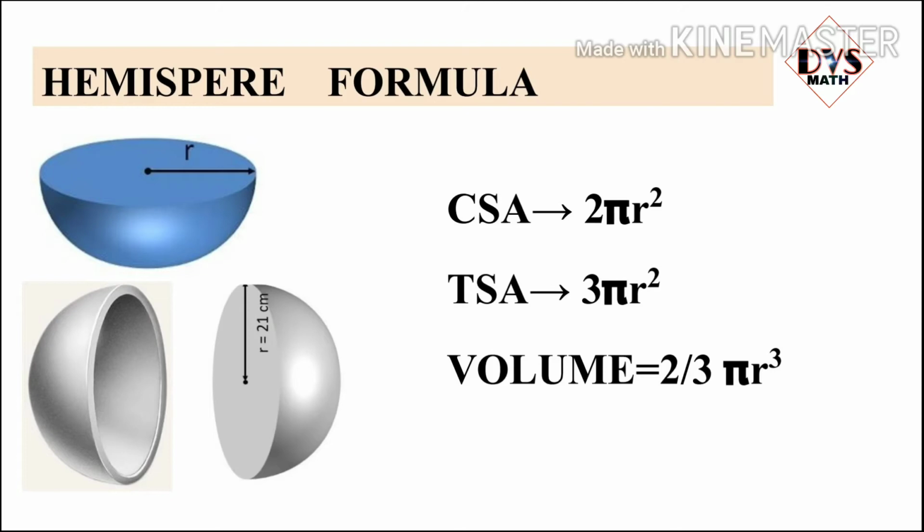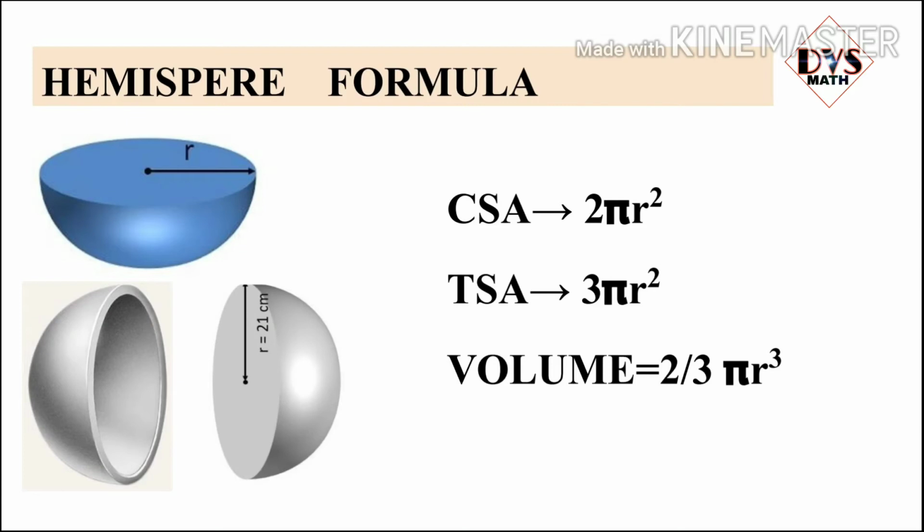But if it is solid, that means the top layer is covered with another circle. Then we consider the CSA of hemisphere plus top circle area. Top circle area is pi R square. That means 2 pi R square plus pi R square, which is 3 pi R square. So total surface area is 3 pi R square.